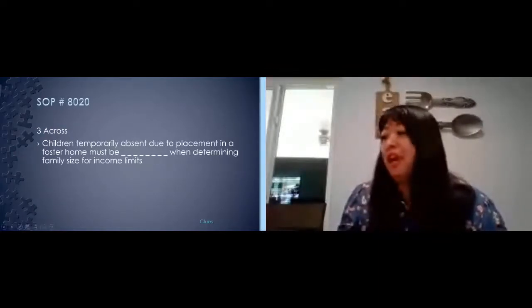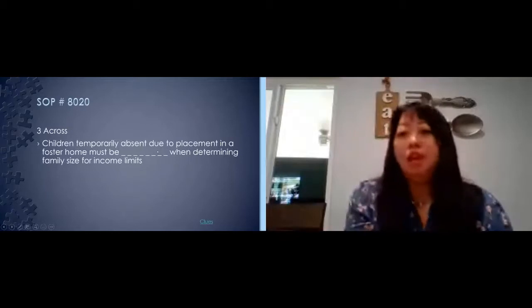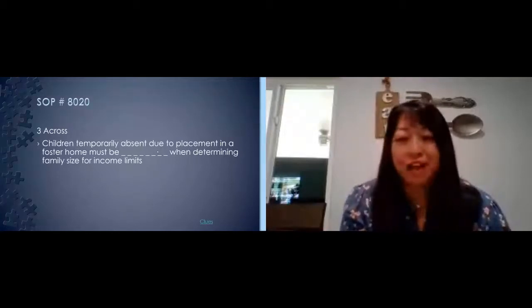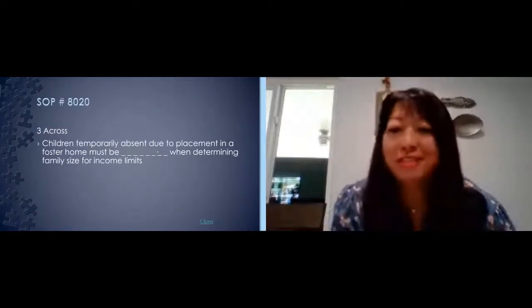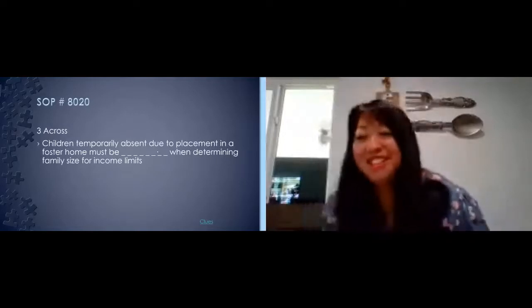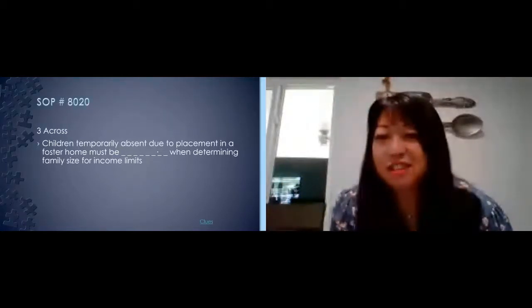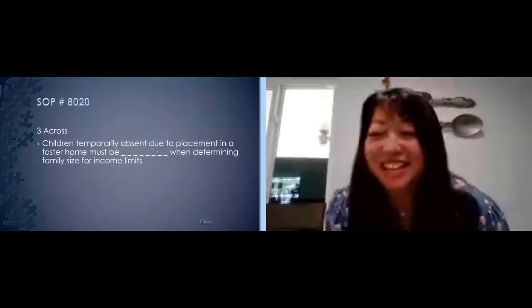If you look at my puzzle here, there are 1, 2, 3, 4, 5, 6, 7, 8 squares for 3 across. I'm going to give you a minute to look for that, but don't share your answer with everyone unless you want to. That's fine too. But if you want to win, don't share your answer. Are you following along? Thanks, Brandy.